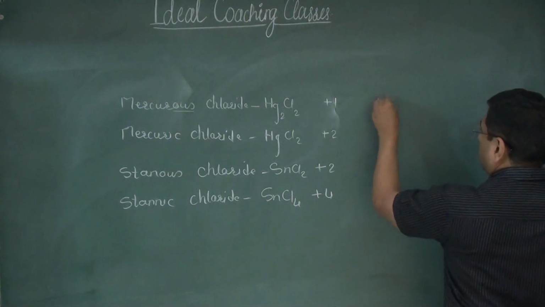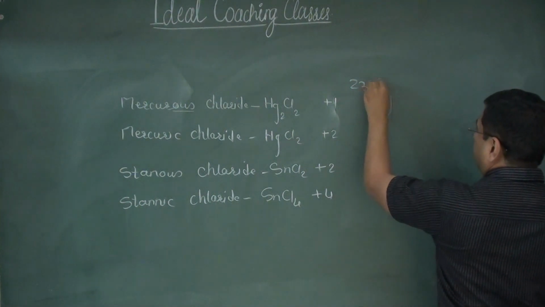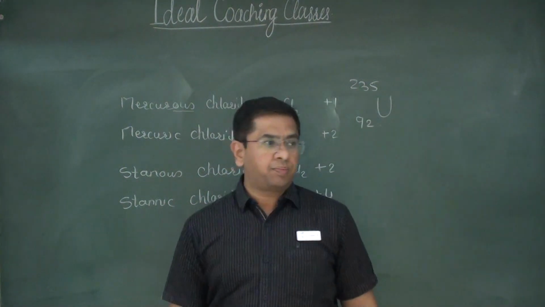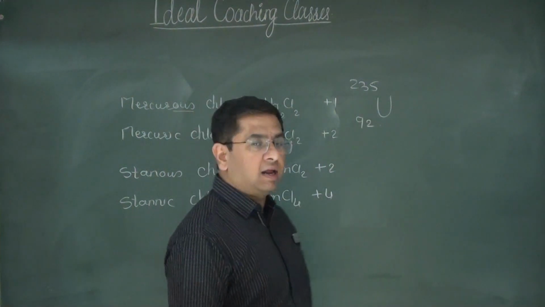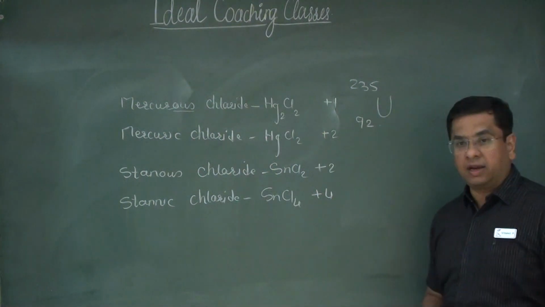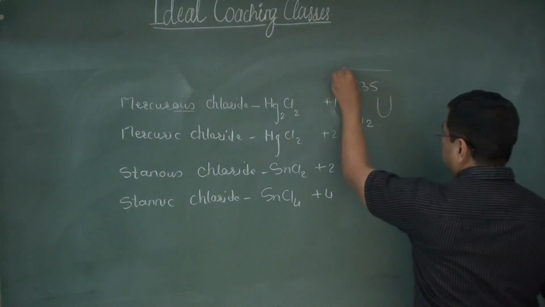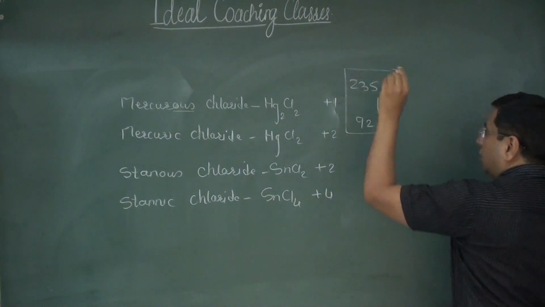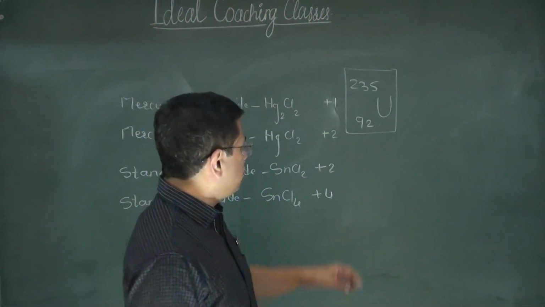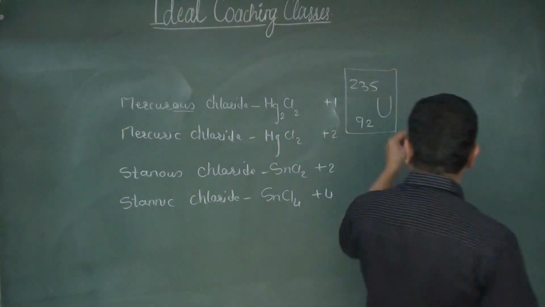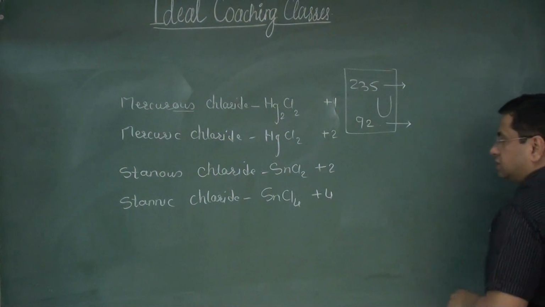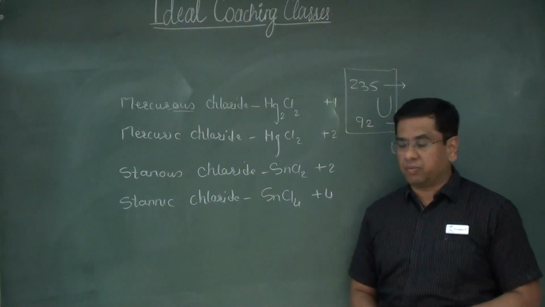Uranium 235 with atomic number 92. In this case, how many protons, how many electrons and how many neutrons in case of an atom of uranium? What we had discussed the other day was, if I want to find out the number of protons, neutrons and electrons, we refer to this as the atomic mass number, and we refer to this as the atomic number.